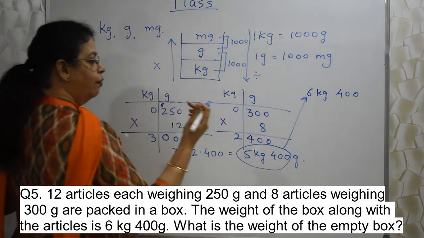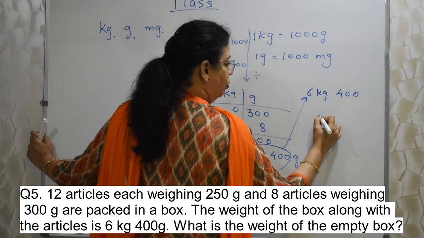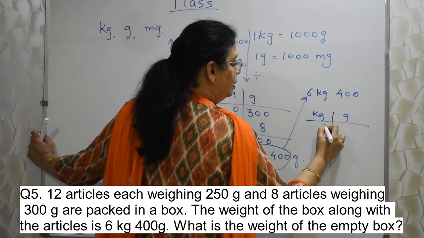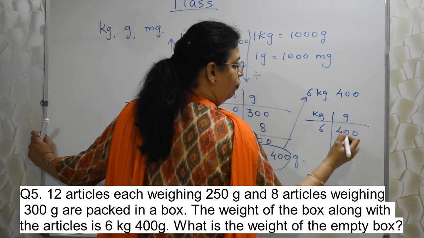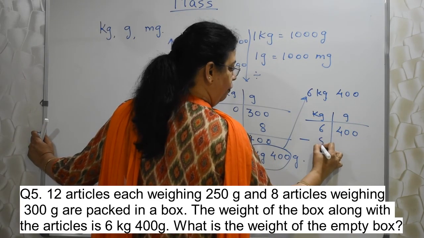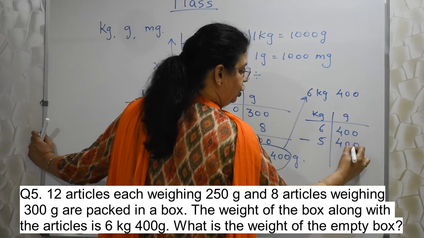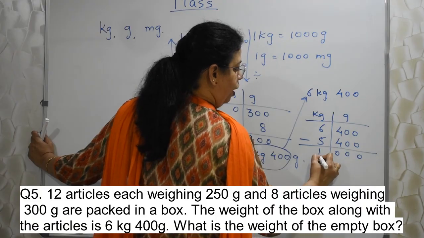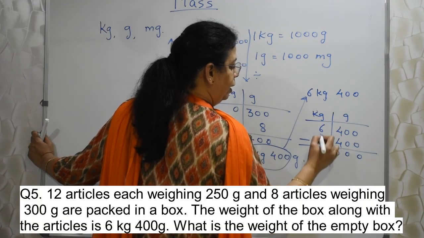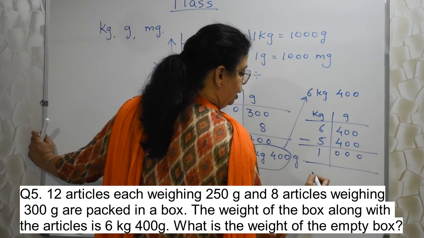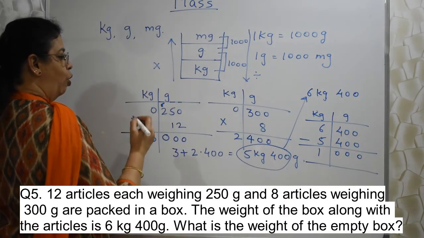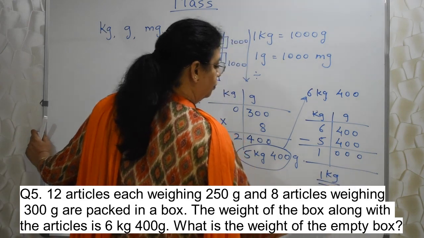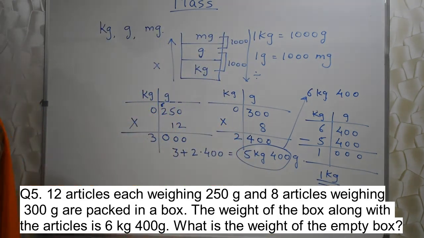So what is the weight of that box? See, again kg and gram. 6 kg 400 is the total weight minus the weight of those things, 5 kg 400 grams. 0, 0, 0, 1. So the answer is 1 kg. The weight of the box is 1 kg.